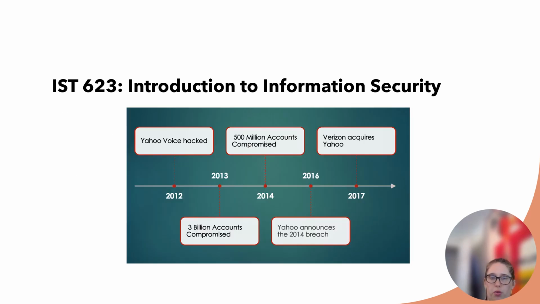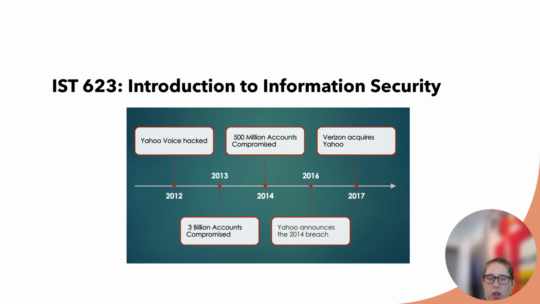So the best way to deliver this case study to our class was to first show them a timeline. So in 2012, Yahoo Voice was hacked. In 2013, 3 billion accounts were compromised. In 2014, 500 million accounts were compromised.